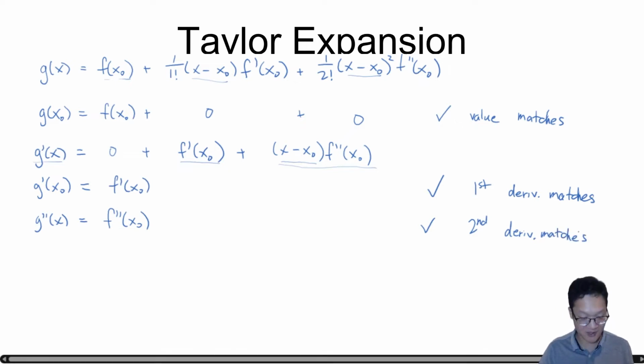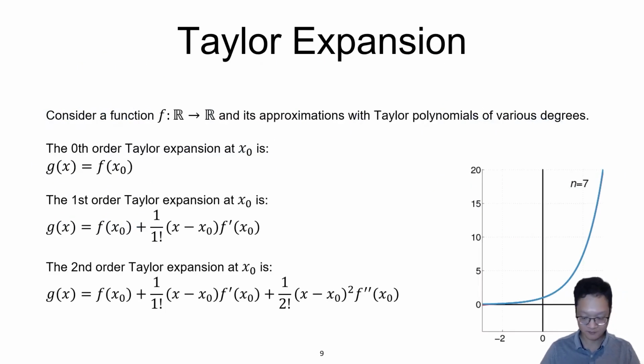Hopefully that gives you a quick idea of why these are the Taylor expansions of f up to the second order. For third order and so on, you just have 1 over a larger factorial, x minus x naught to a larger power, multiplied by higher order derivatives of f. Hopefully you can see the pattern.